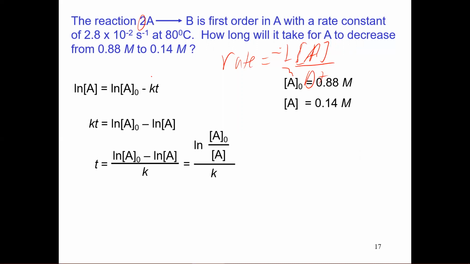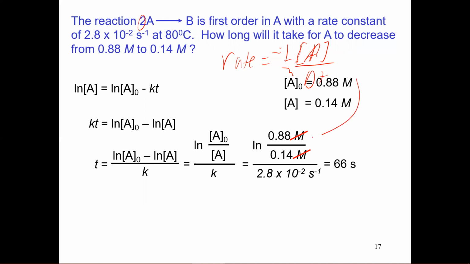So you plug the values into the equation, and then you can figure that out. This is one reason you've got to use your scientific calculator to do these kinds of questions. So we see that the time is 66 seconds. But again, these numbers are put in here to determine that.